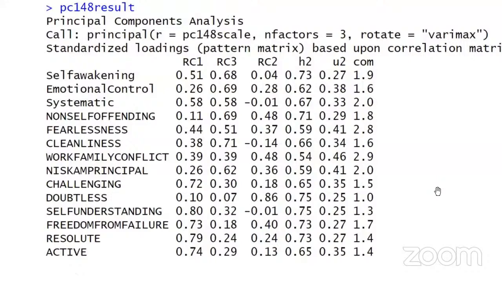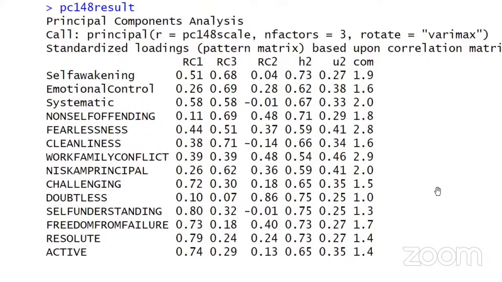H square indicates the communality. So if you look at the communality, you will find the communality is high in the case of doubtless, self-understanding, freedom from failure, resolute.